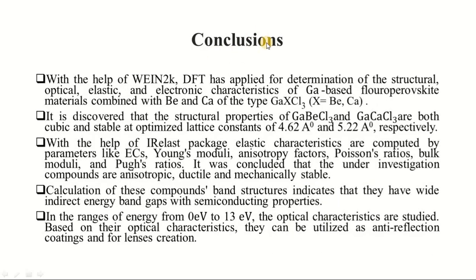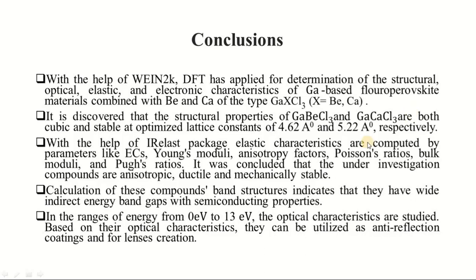Conclusion: with the help of Wien2k, we employed density functional theory to determine the structural, optical and elastic properties of gallium-based fluoroperovskite materials, and it is discovered that the structural properties of both of these compounds are cubic and stable, having an optimized lattice constant of about 4.6 angstrom for GaBeCl3 and 5.2 angstrom for GaCaCl3 respectively.